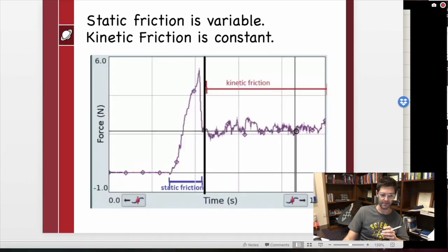Here's an example of something you might do in a lab where you're measuring the force exerted by friction as you slowly increase the angle of the ramp. It says time, but we can think of the analogy as you're increasing the ramp angle.